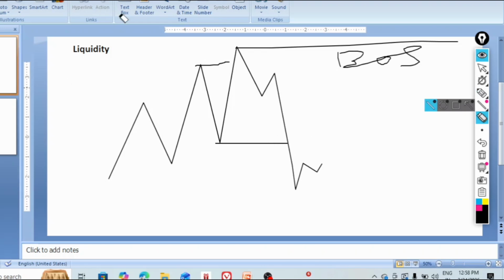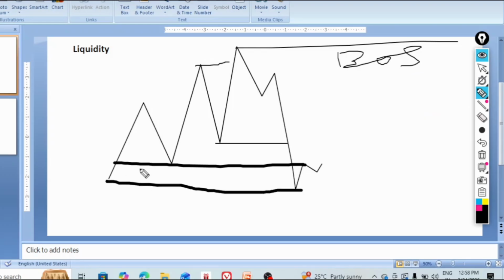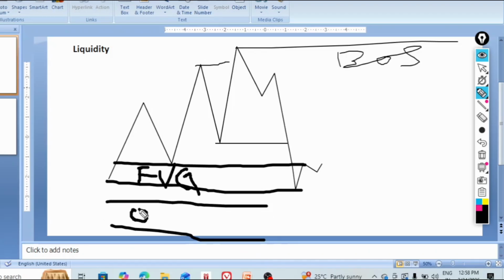So here, suppose there is a gap, we have any gap here, FVG, or if you have any other block in this area, and then the market comes and mitigates this fair value gap.